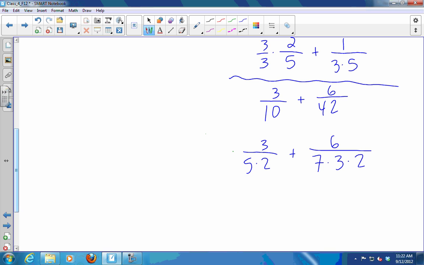This one needs a 3 and a 7. So you multiply by 3 and 7. And this one already has a 2. It needs a 5. So multiply top and bottom by 5. And then the denominators will be the same. 7 times 3 times 2 times 5, whatever that is.